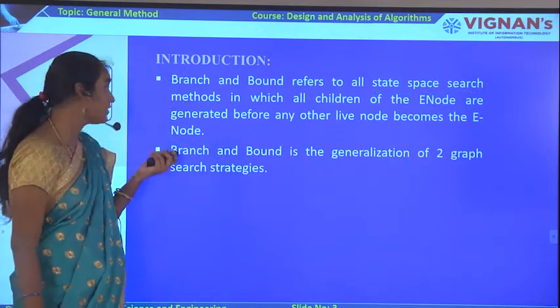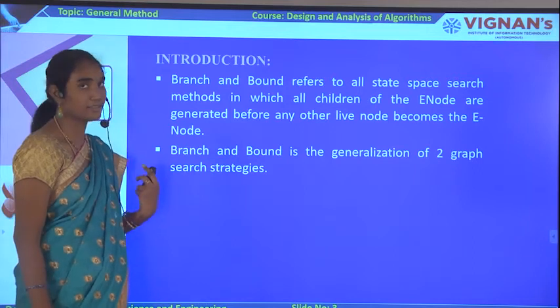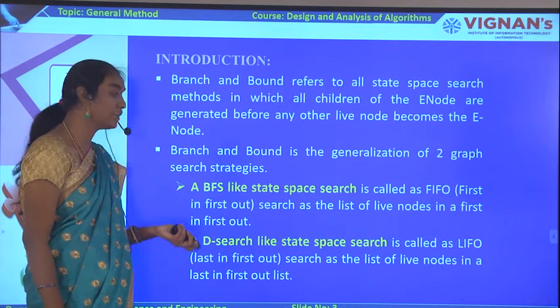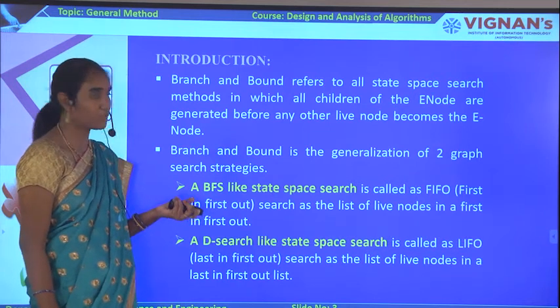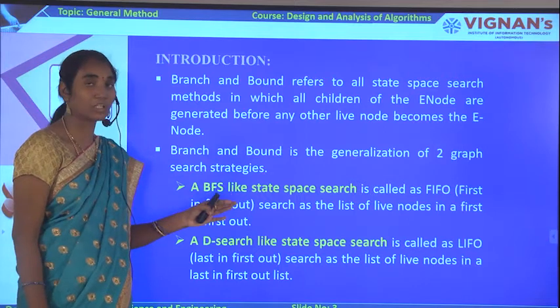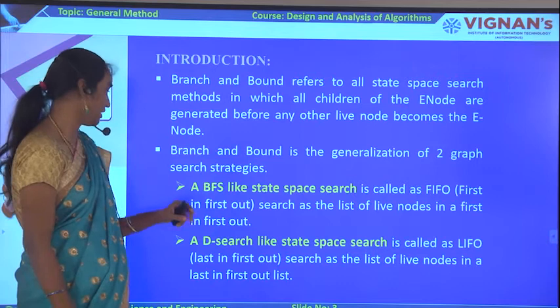Branch and bound is a generalization of 2 graph strategies: BFS-like state space search and D-search-like state space search. BFS is also called FIFO, first in first out, and D-search can be called LIFO, last in first out.